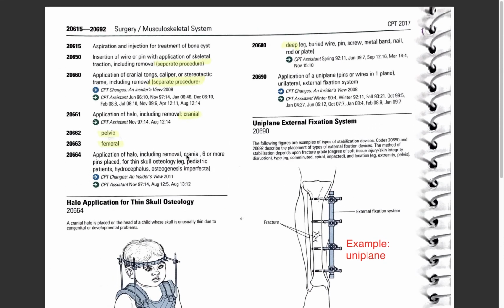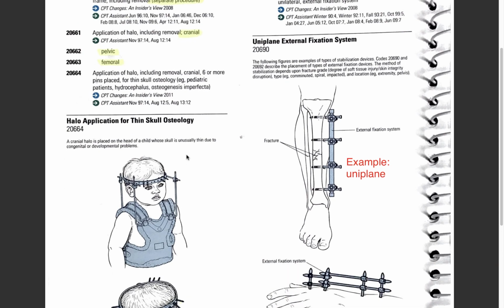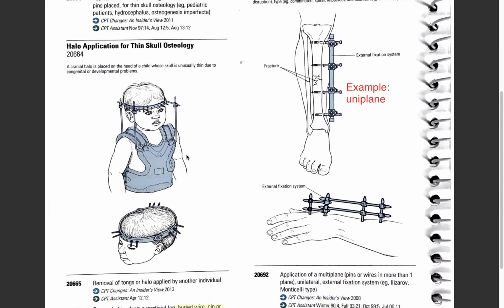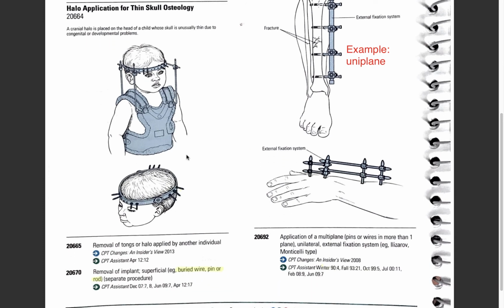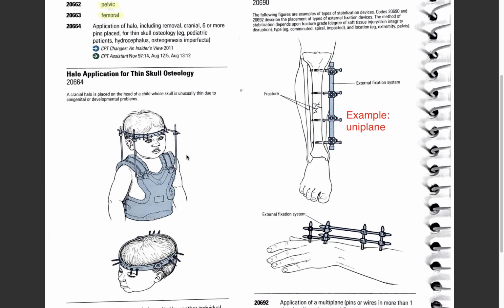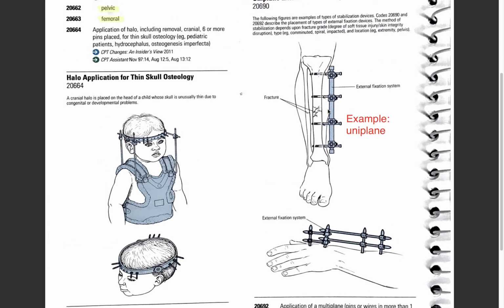Next in the application section is the application of an external fixation system. When you're coding an external fixation system, you need to know, are they applying the external fixation system, are they removing it, or are they fixing it? If they are applying it, you need to know if it was multiplane or uniplane. A uniplane is an example right here.